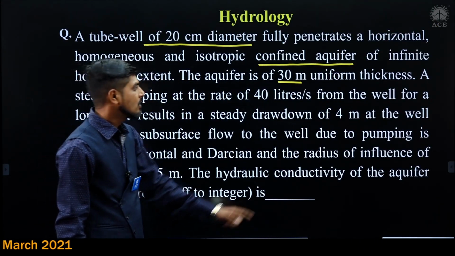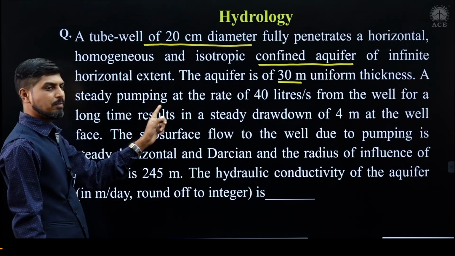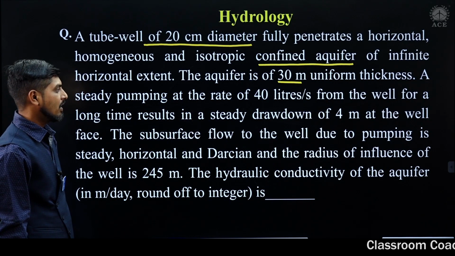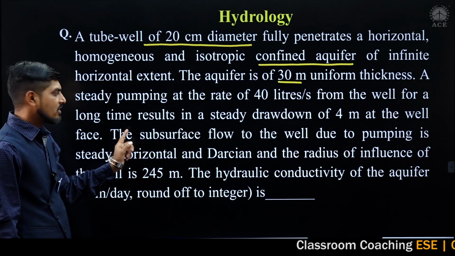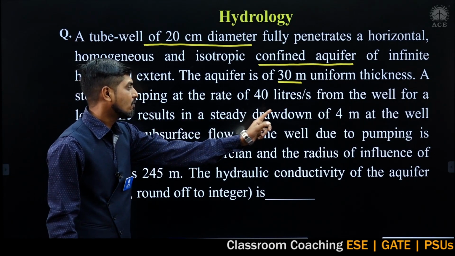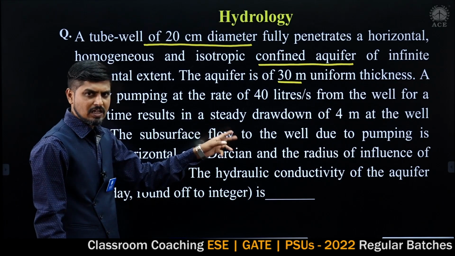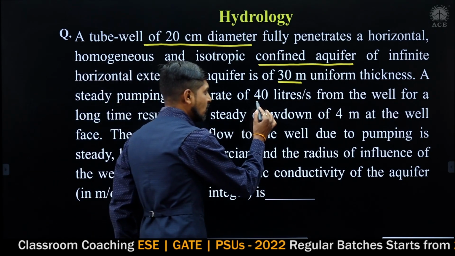Continue the question. A steady pumping at the rate of 40 liters per second from the well for a long time results in a steady drawdown of 4 meter at the well face. So two data are given here. You can see 40 liters.